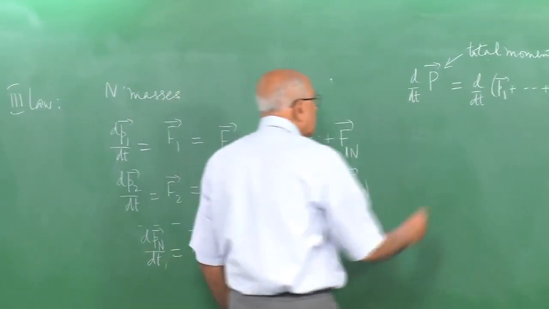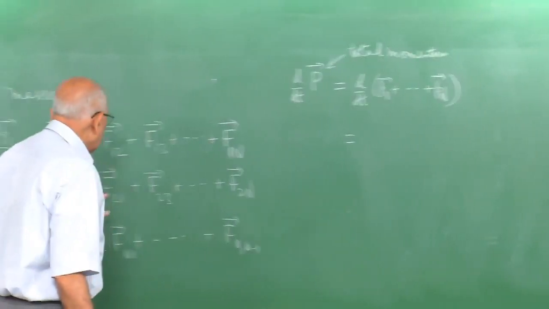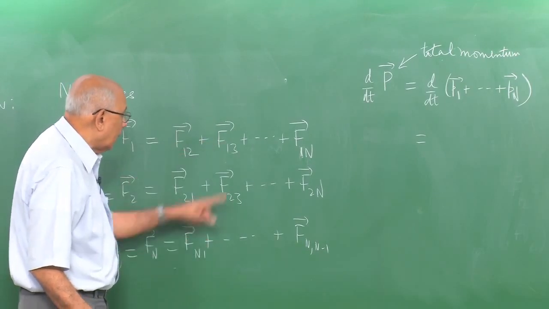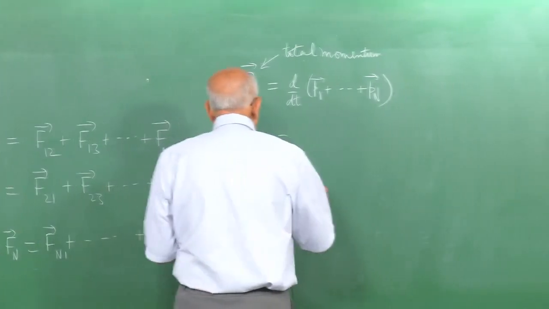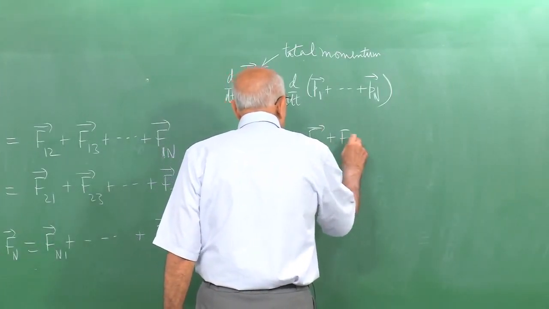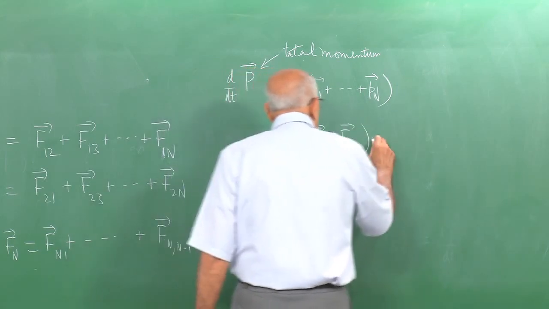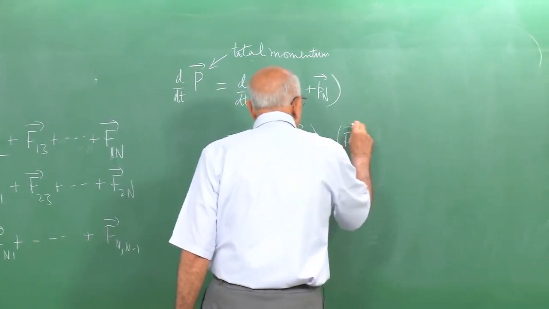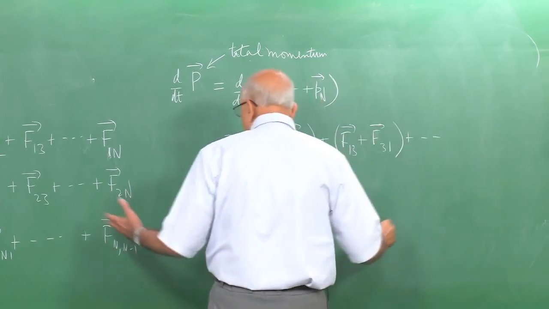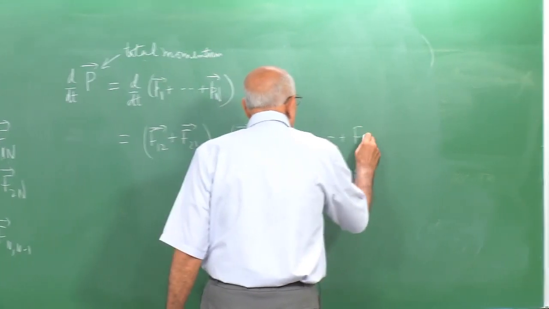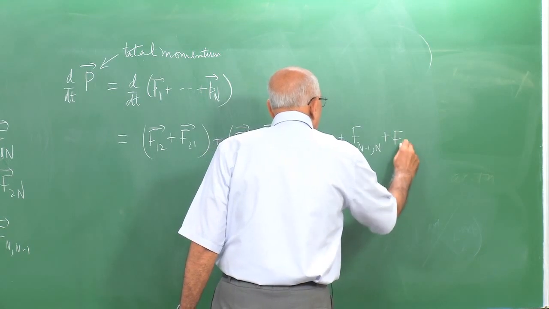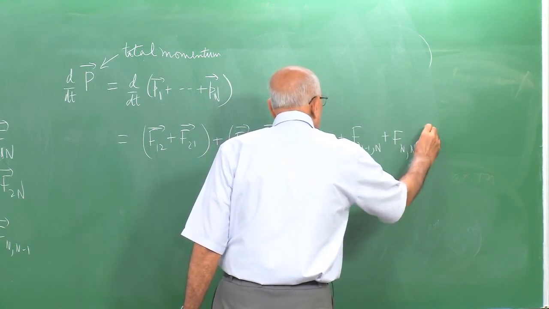This quantity is equal to, on the right hand side, F12 plus F21, F13 plus F31, and so on. So this breaks up into pairs which goes like F12 plus F21 plus F13 plus F31 plus etc., right up to plus Fn minus 1 n plus Fn n minus 1.